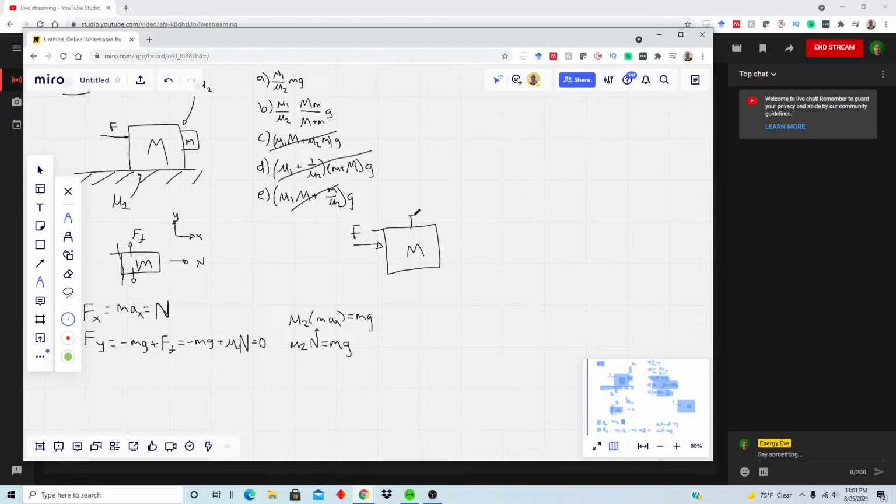We have a normal force from the ground pushing it up, and we have gravity pulling it down. We make the distinction of using the big M. And since this little block is actually pushing back, that's going to be the normal force that we're talking about in this case, okay? So when we do the sum of the forces here again, we separate the x and y components.